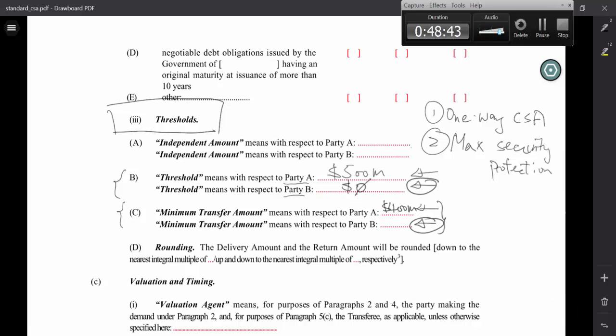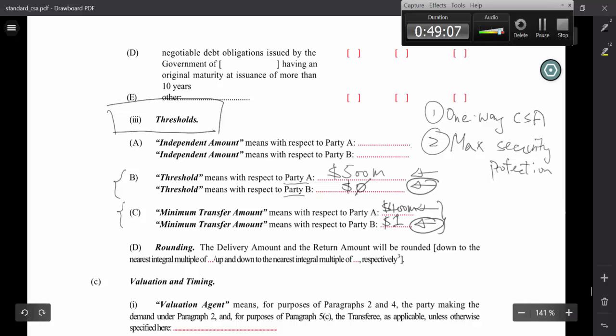0. What about here? Minimum transfer amount. Well, put 1, okay? Just be generous. So 0 threshold, $1 minimum is probably the maximum protection you can get. That just means immediately they have to pay you.